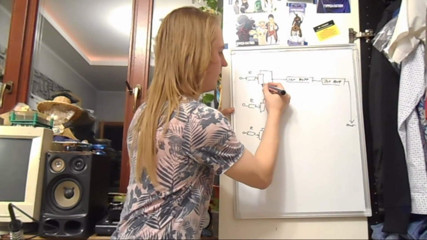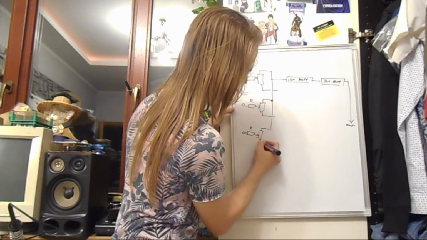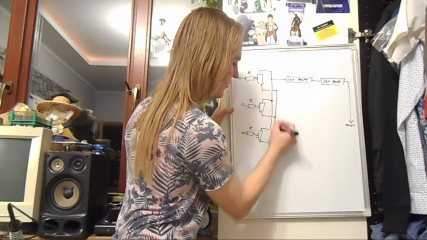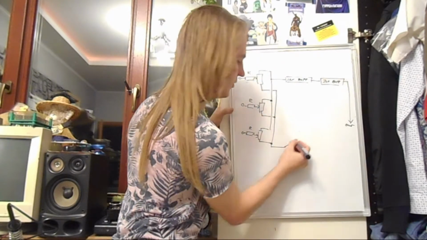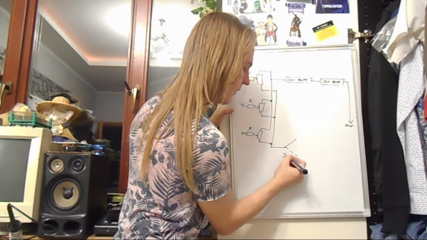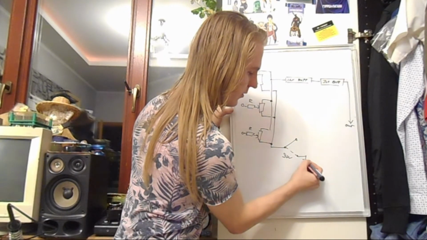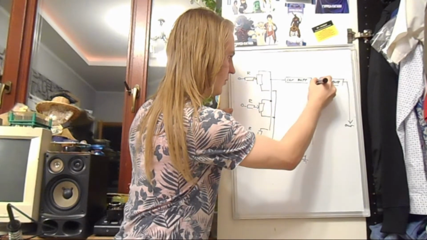Then we take the lower parts, the lower pins of these potentiometers, and join them together as well, and pass them into a switch with one pin grounded and the other pin going up there.